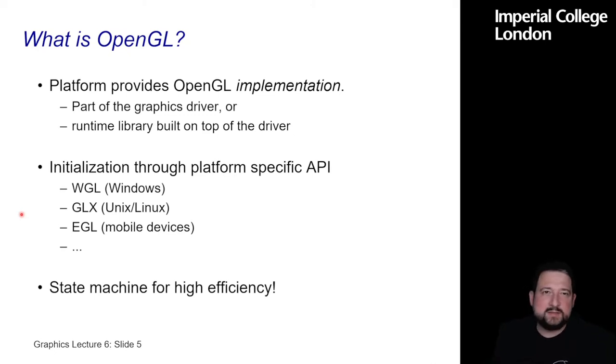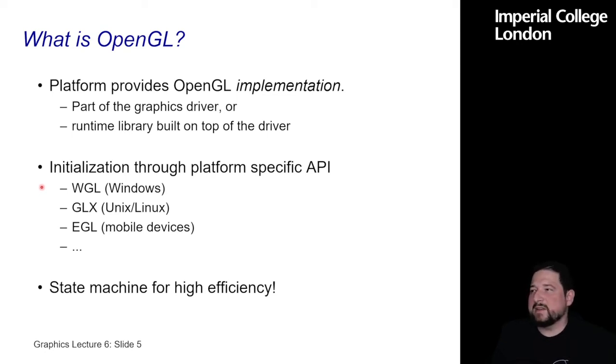So the platform itself, like your operating system, provides an OpenGL implementation. The implementation is part of your graphics driver. So your graphics card vendor or whatever you have in your laptop will provide that implementation for you. And the runtime library is built on top of that driver. You initialize this API usually through import commands or includes, depending on your language. In Windows, usually the key header, the key module you would include is called just OpenGL.